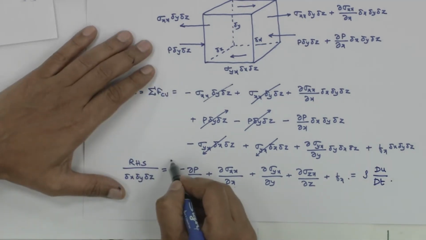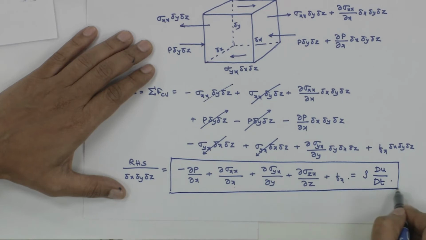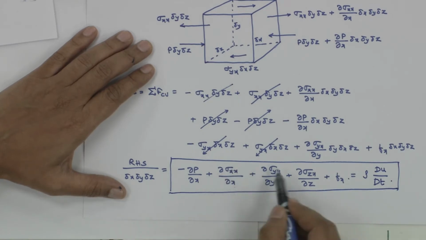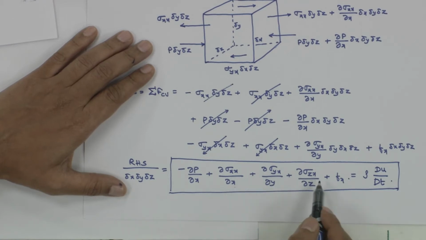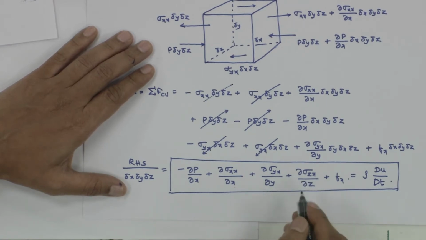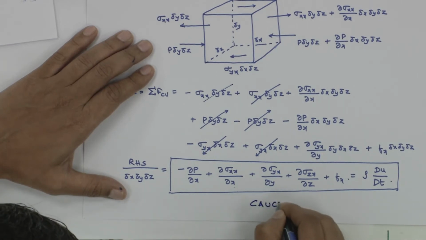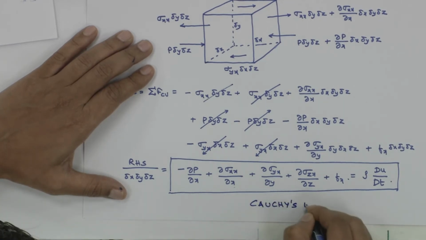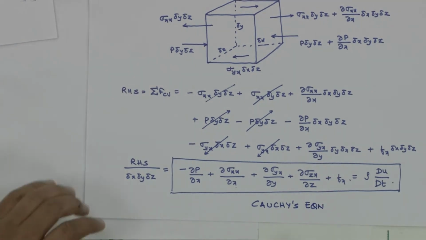So this equation we have not arrived yet, because sigma xx, sigma yx, sigma zx is still in stresses only. We would like to write them in terms of velocities. So this is what is called as Cauchy's equation. It is still not Navier-Stokes equation, it is Cauchy equation.